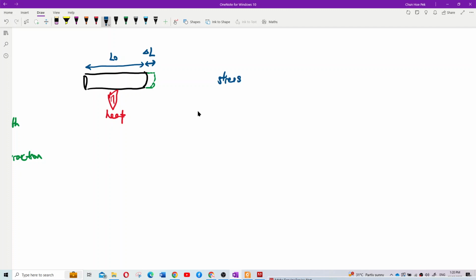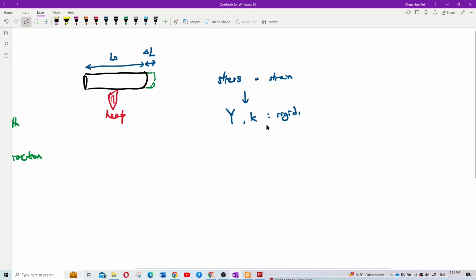So it's okay. Stress and strain. You learned about Young modulus, or K, or force constant. Young modulus or force constant is the rigidity of the material.